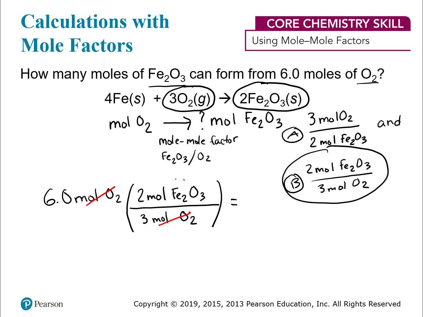We go through and do our unit analysis, and we check to make sure that we're left with the right thing, and we are. So you multiply 6 times 2, that's 12, divided by 3, that's 4. So that's what your answer should be.